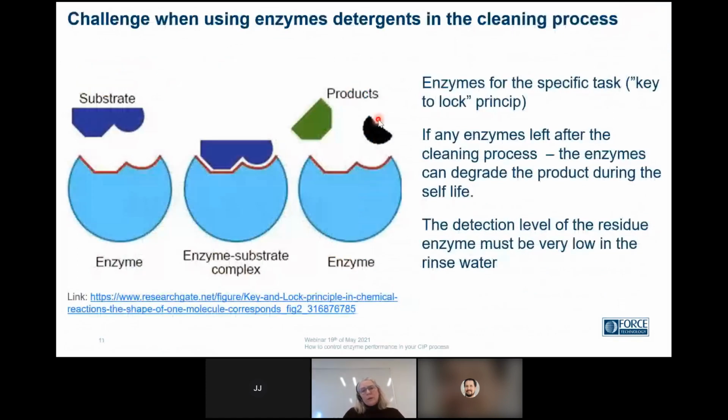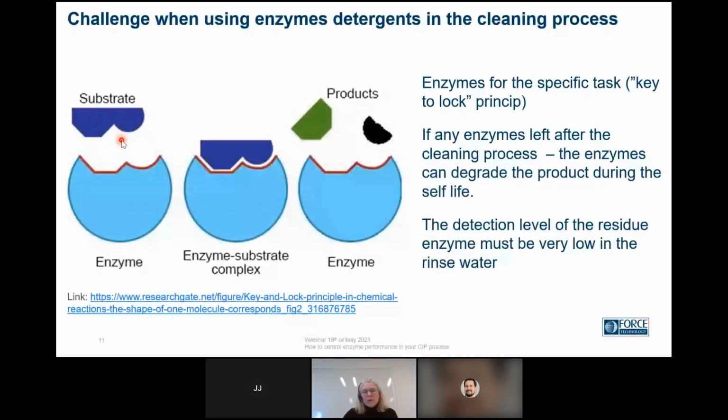We talked about it when we have the wash of our laundry: the enzymes have a specific task, the key to lock principle. So if there are any enzymes left after the cleaning process, the enzymes are going to make a complex with the substrate. The substrate here is organic material.